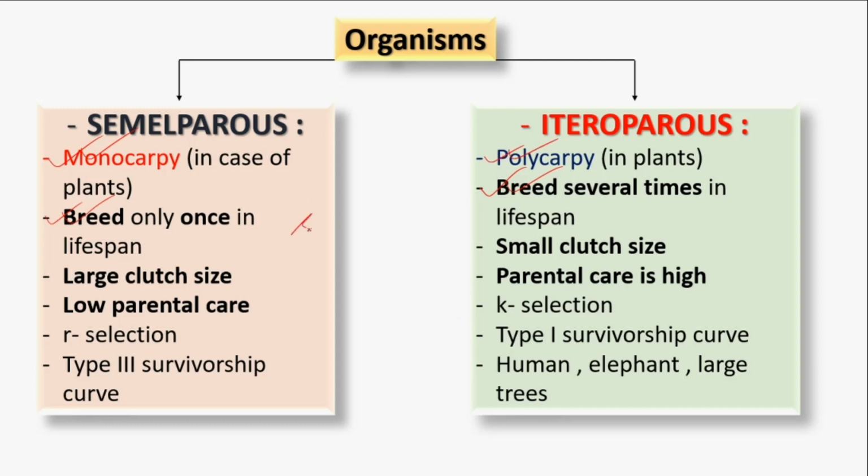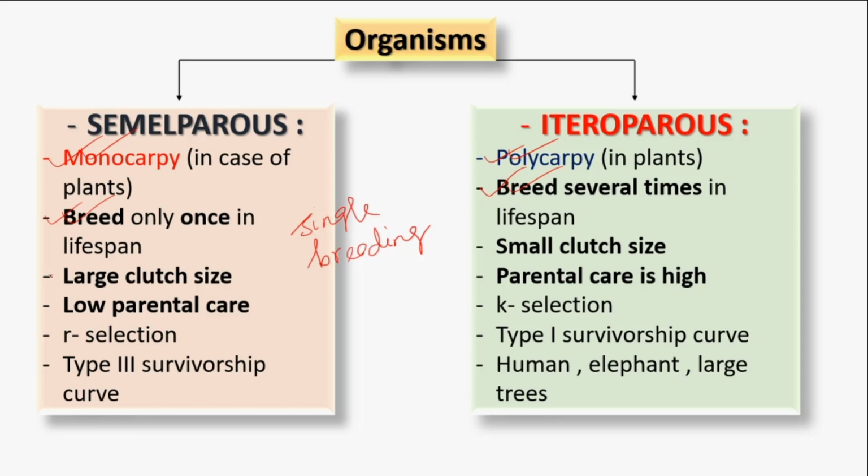Semelparous means single time breeding. The organism shows single time breeding in its whole lifespan. That is why they need to produce a larger number of offspring, and because they produce a larger number of offspring, they show low parental care.